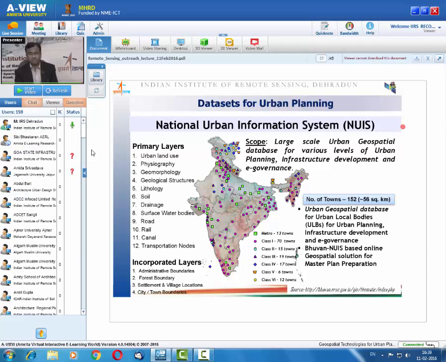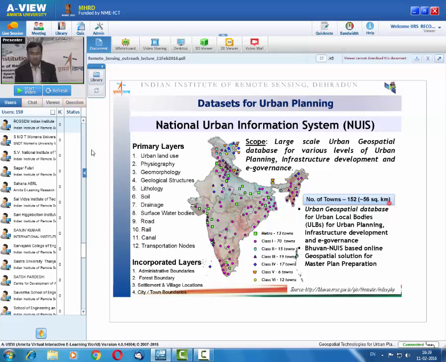Now, because remote sensing utilization has been well understood in the field of urban planning, in the year 2006 a project called the National Urban Information System was launched, in which a large scale urban geospatial database for various levels of urban planning, infrastructure development and e-governance has been devised.